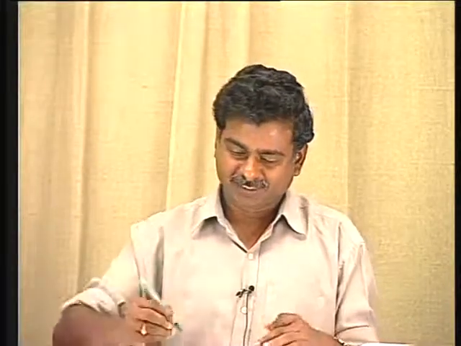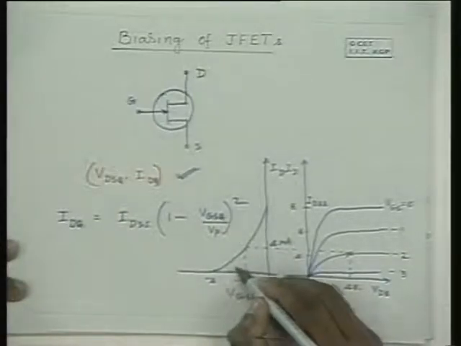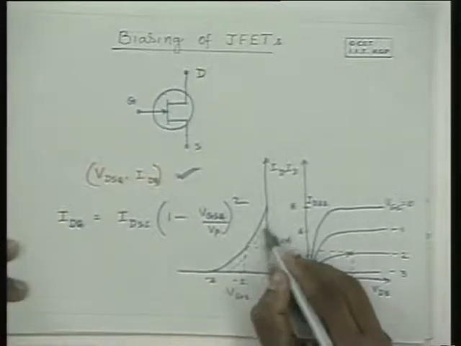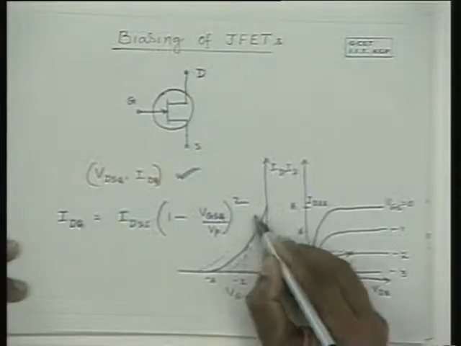So in this case also, the fixed bias circuit doesn't give you a stable operation. For instance, some manufacturer says that the transfer characteristics of the device is typically like this, but it varies between this characteristics and these characteristics.